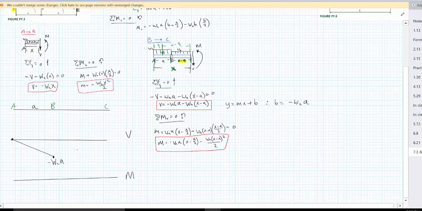So that's our starting point, and when x is a, then this second term goes to 0 and we're just at our starting location.